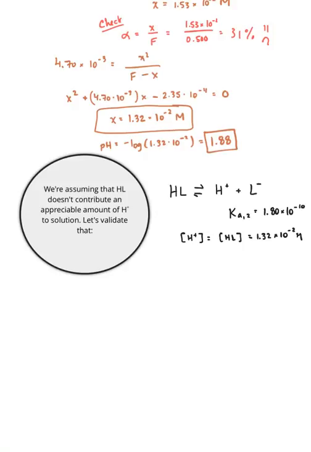Further, we know that Ka2 has an equilibrium constant expression given as concentration of H plus times concentration of L minus over concentration of HL.